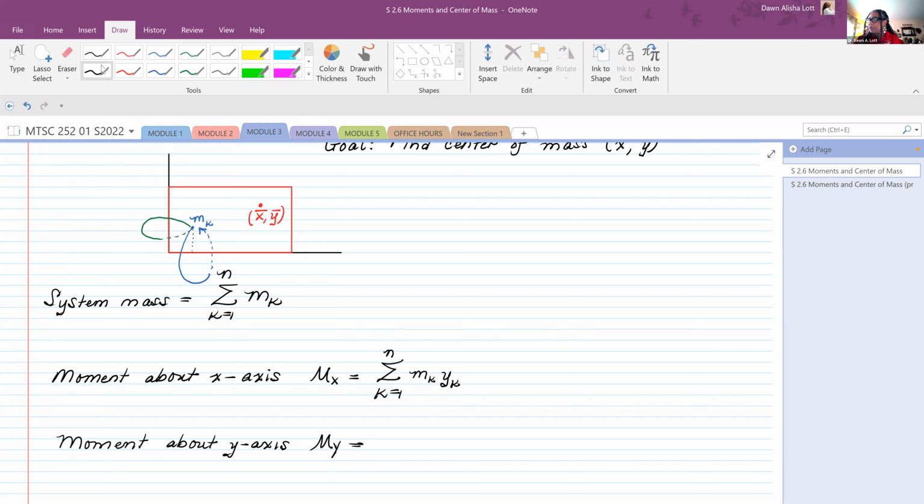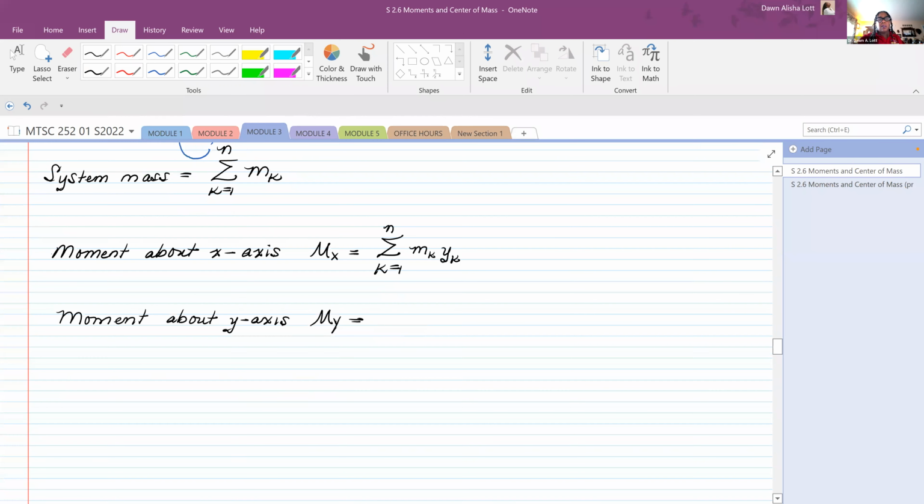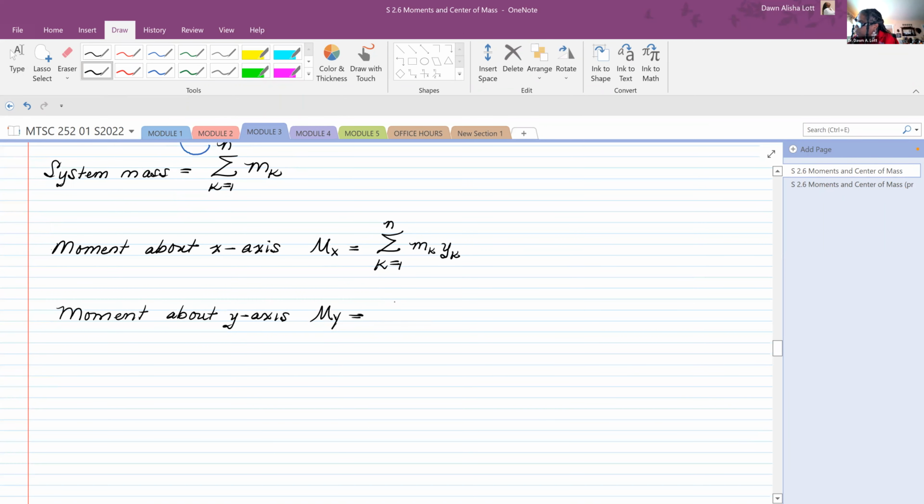All right, so if the point wants to rotate about the y-axis, we are concerned about how far it is from the y-axis, and that distance from here to there is xk, and then this was yk. Okay. So this is then the sum, k equals 1 to n of mk times xk.